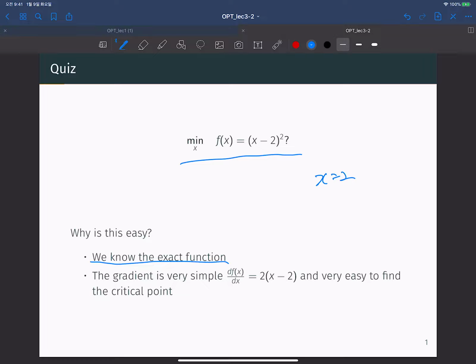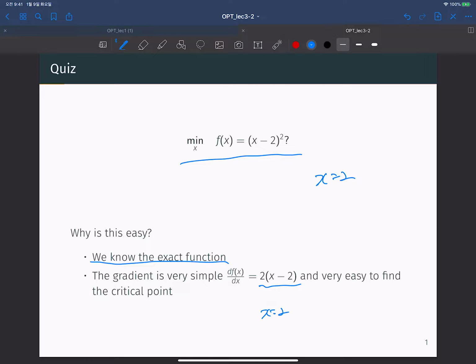Even if we don't know the exact function form and can only access the gradient value at each point, this is still a very easy task because the gradient is very simple. At each point the gradient is just 2 times (x - 2), and from this we can easily find the critical point x equals 2.